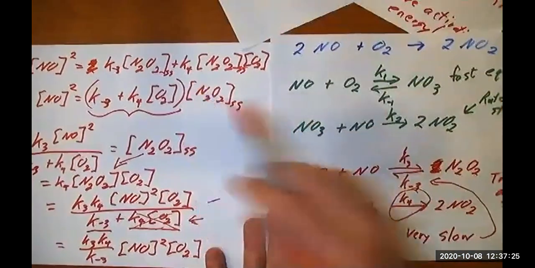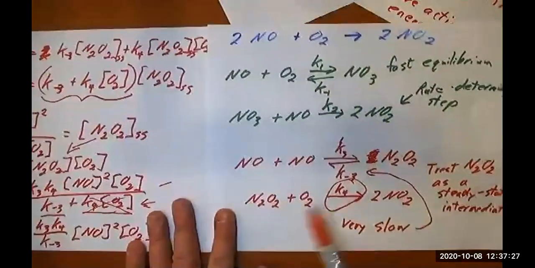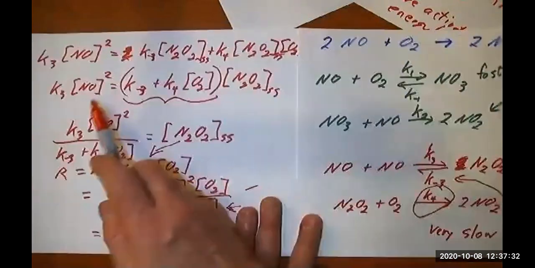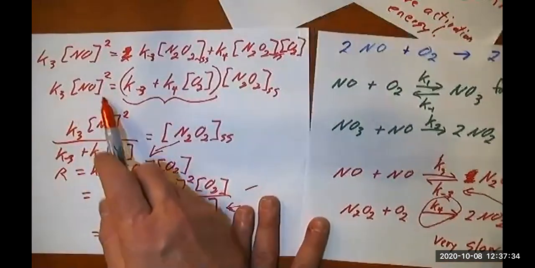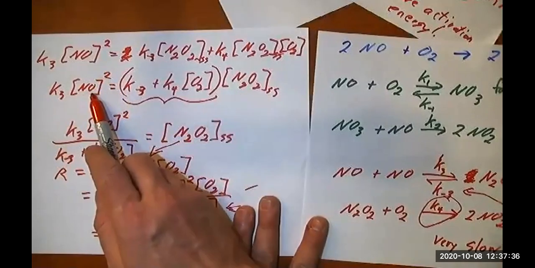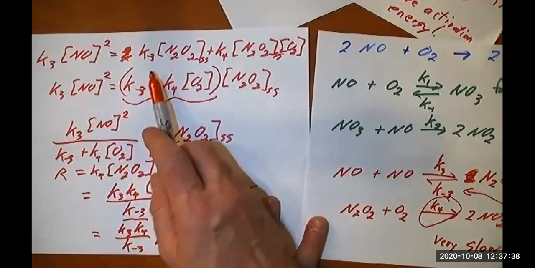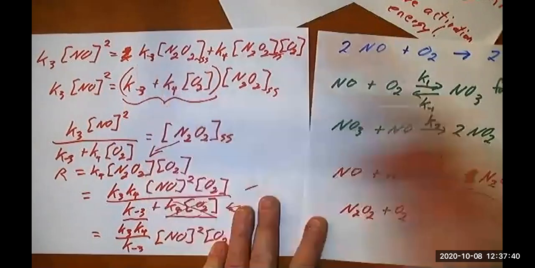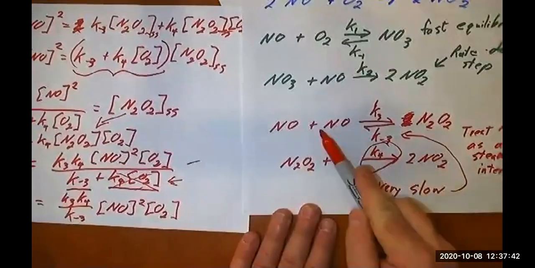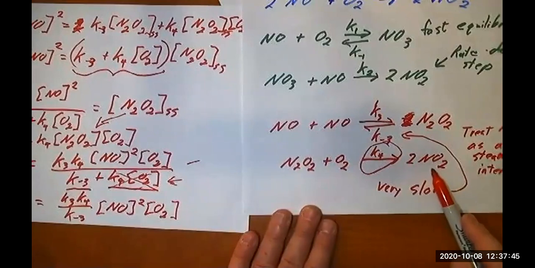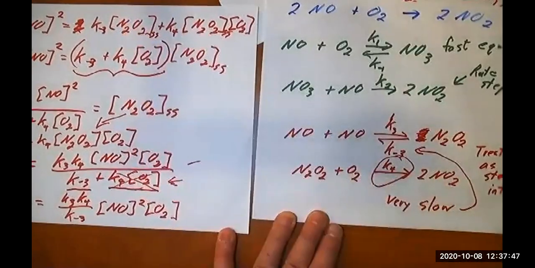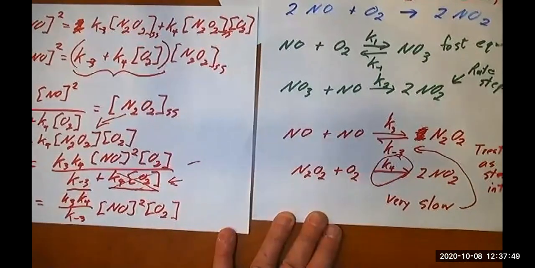So what we are doing in this case is the steady state approximation, which means that the rate of production of the intermediate, the N2O2, equals the rate of destruction of it, and there are two destruction steps. One of the destruction steps is this one, another is this one, and so they're both listed right here. Does that make sense?